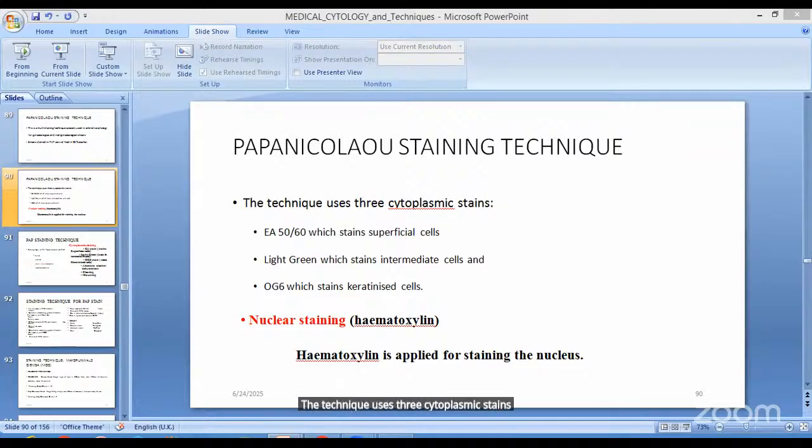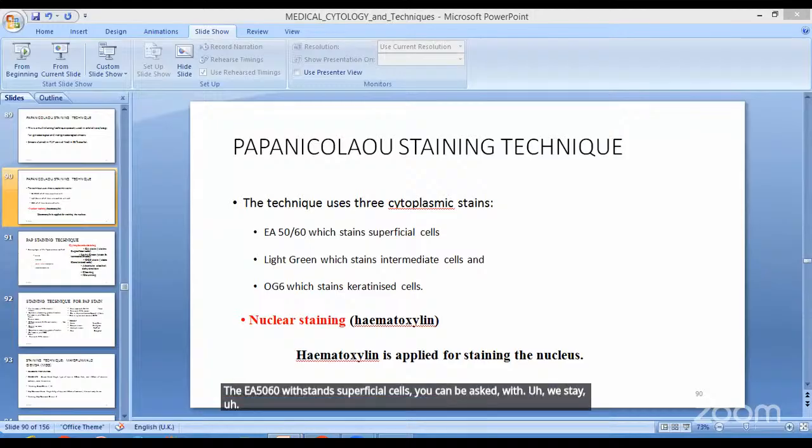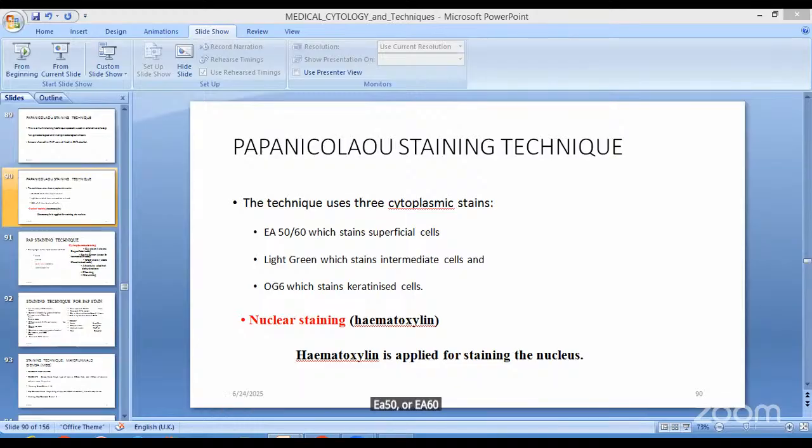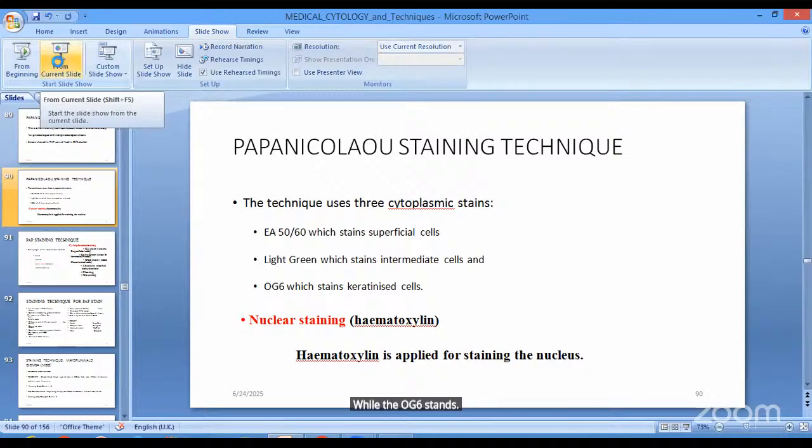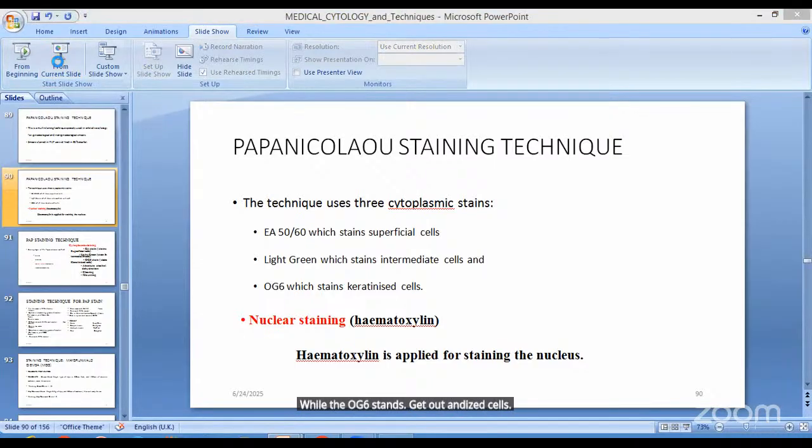This is very important for you. The EA50 or EA60 stains superficial cells. You can be asked which stain of the Pap stains superficial cells. The light green stains intermediate cells, while the OG6 stains keratinized cells. That's very important in the Papanicolaou staining principle. Hematoxylin stains the nucleus.